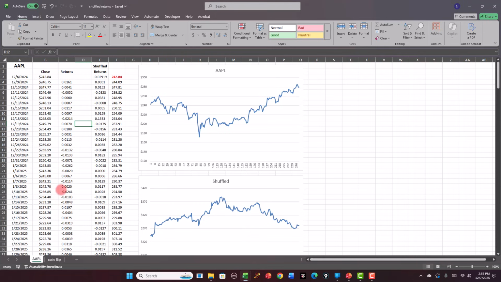What does that tell you? It tells you that all you need is a mean and a standard deviation, and you're going to get cup and handles, head and shoulders, flags, pennants, wedges, Fibonacci extensions, Bollinger Bands. All of that is going to be in there when it's completely meaningless data. So that catches a lot of people by surprise.